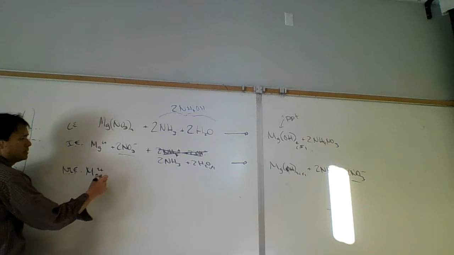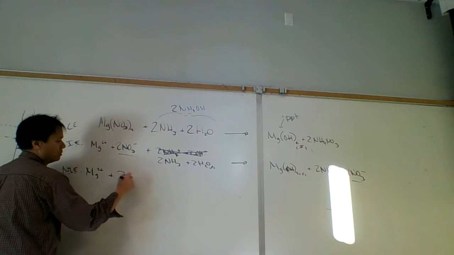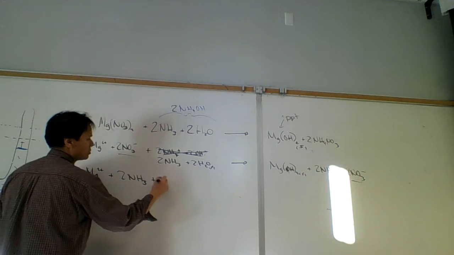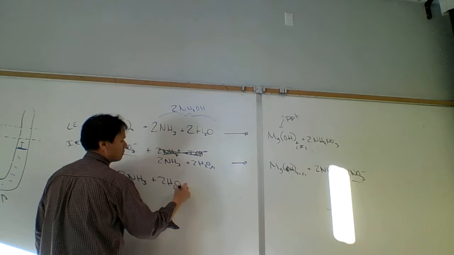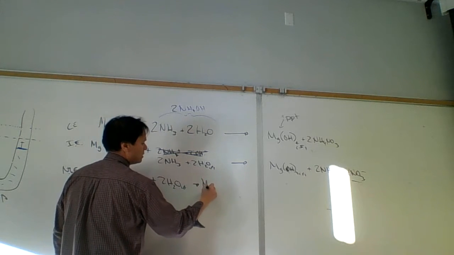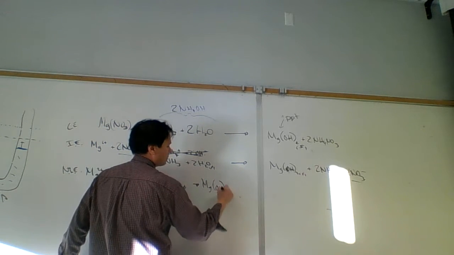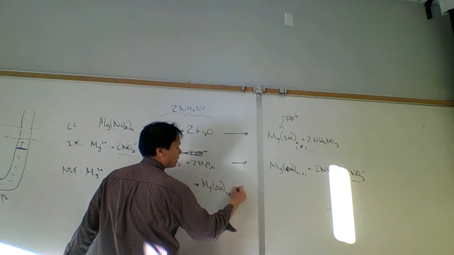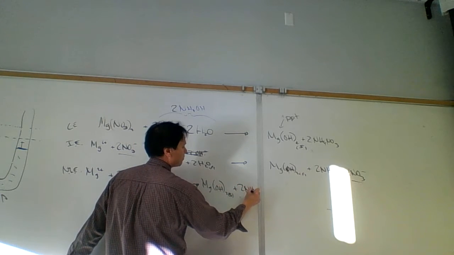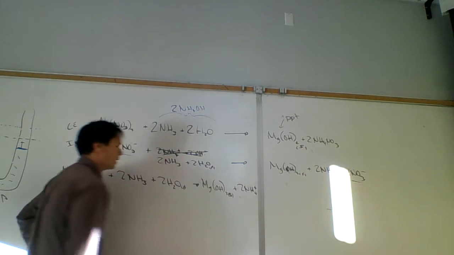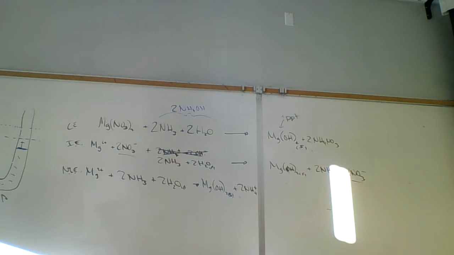So we got magnesium ions plus 2 ammonias plus 2 waters. This is going to produce magnesium hydroxide solid plus 2 ammoniums. And so this would be our NIE here. So that's the example of the metathesis reaction.